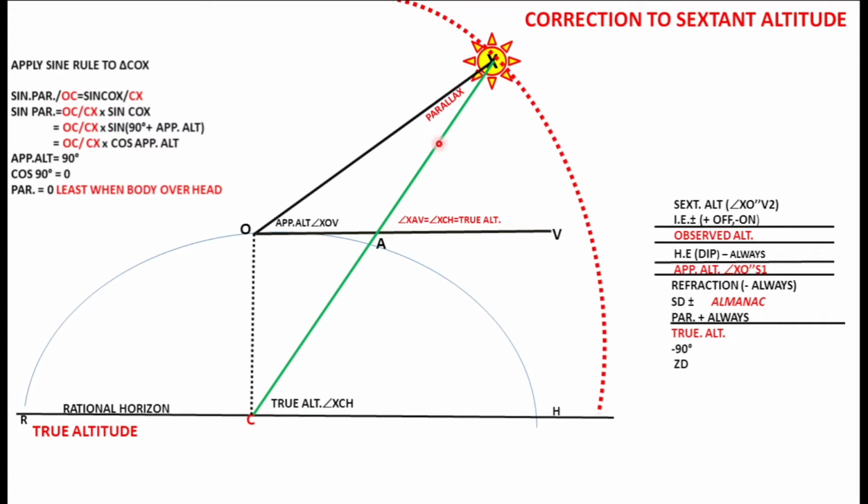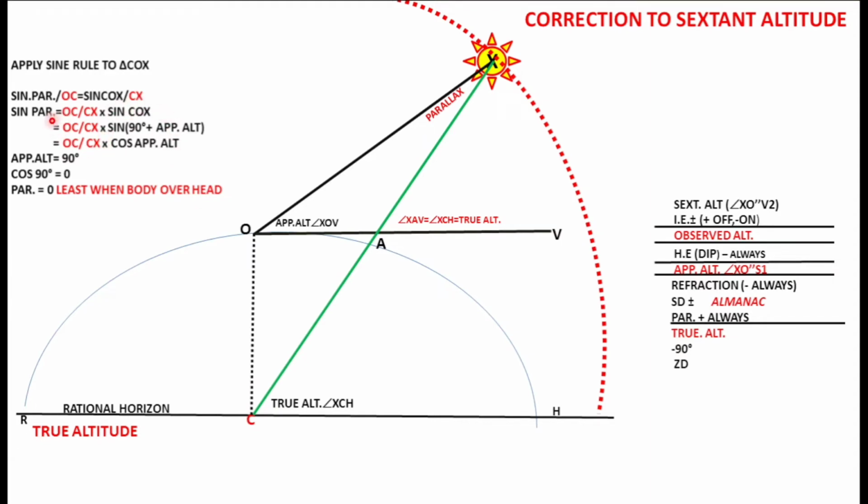Sine of this angle divided by the side opposite, equals sine of this angle divided by the side opposite. So here I have just written down two of them: sine parallax over the side OC is equal to sine of this angle, XOC or COX, divided by CX. I have not bothered about the third angle here.